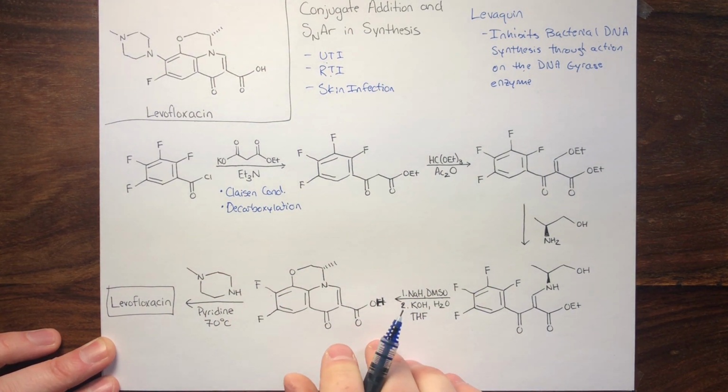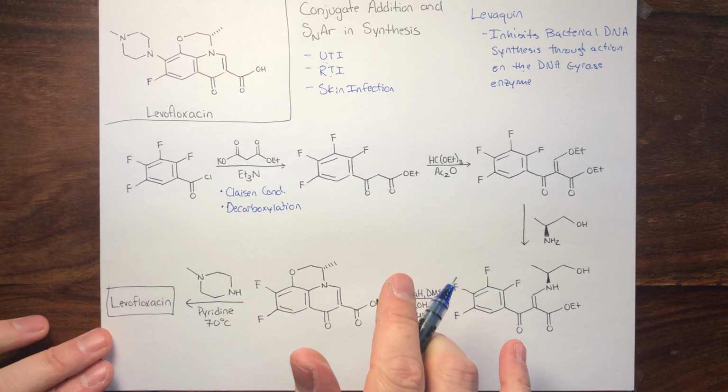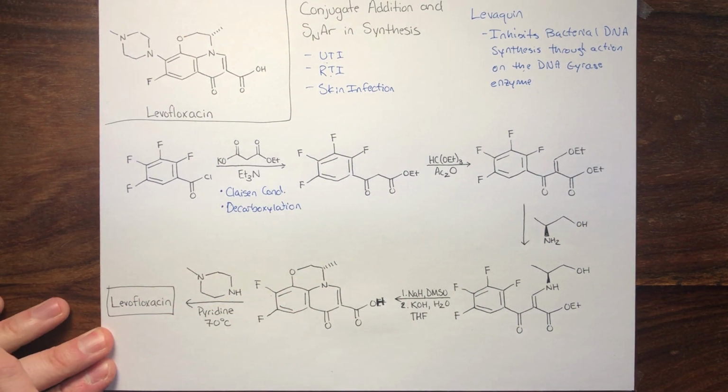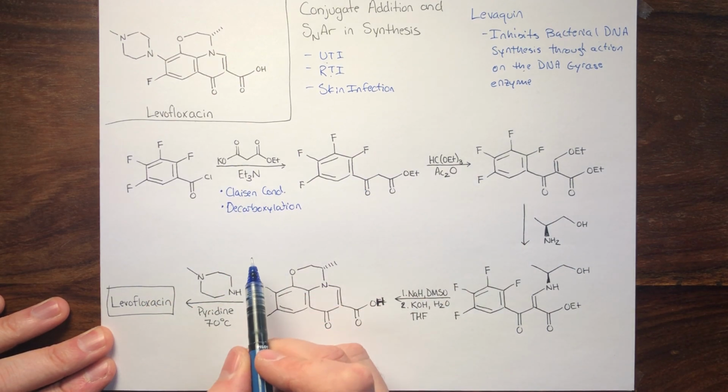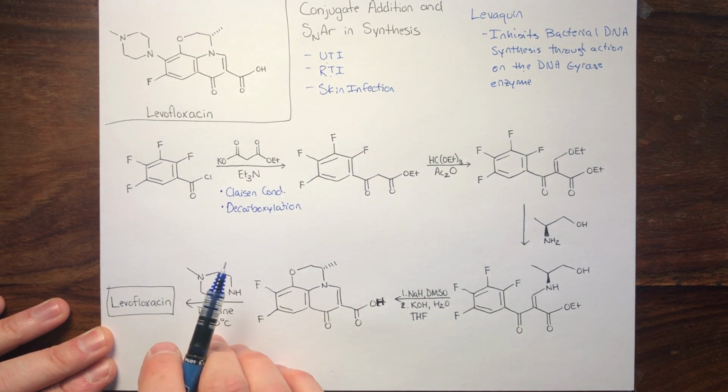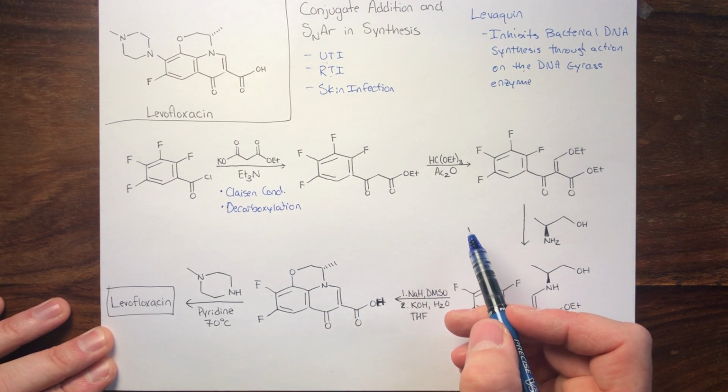Again, we're not going to go over the mechanism, but it might be to your benefit to try out these mechanisms to see how far you can get. See if you can account for the formation of this product, knowing the reactions that go into this step.